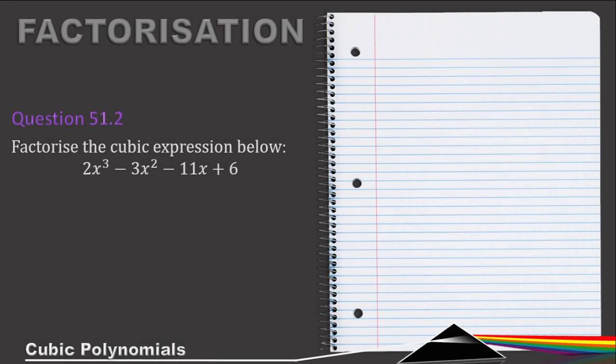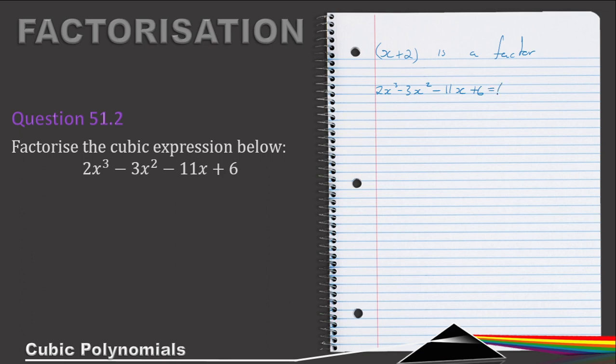Okay, now let's do the same thing with inspection. We know that x plus 2 is a factor, right? And we write down our expression 2x cubed minus 3x squared minus 11x plus 6.